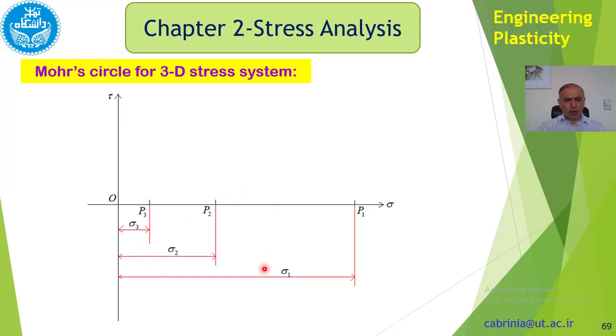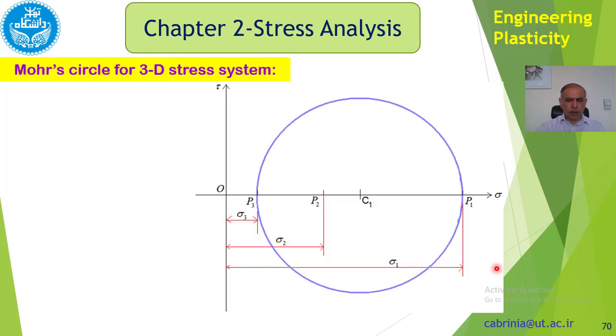So you have to solve that third degree equation to get sigma 1, sigma 2, sigma 3. You cannot find sigma 1, sigma 2, sigma 3 from the Mohr circle. It's the other way around. So these are known. We put sigma 1 equal to OP1, sigma 2 equal to OP2, and sigma 3 equal to OP3.